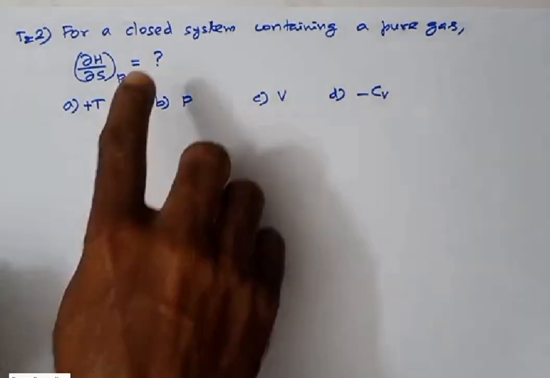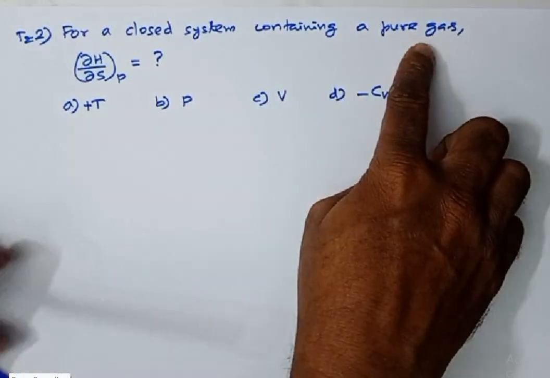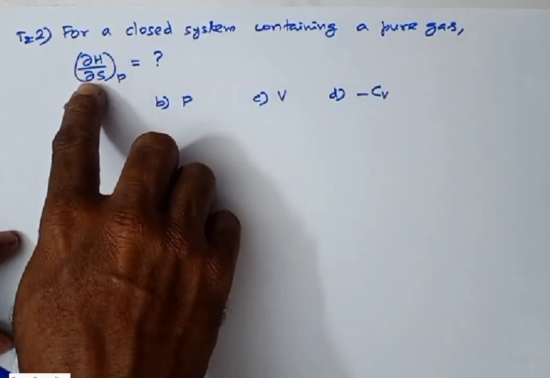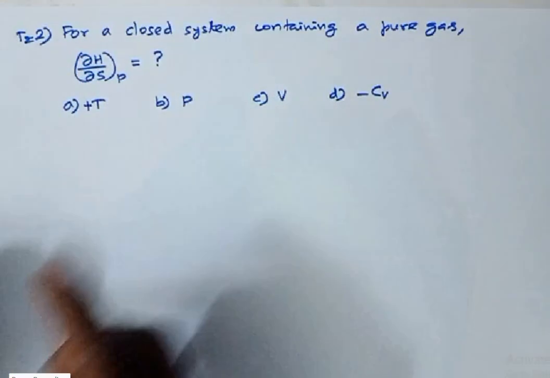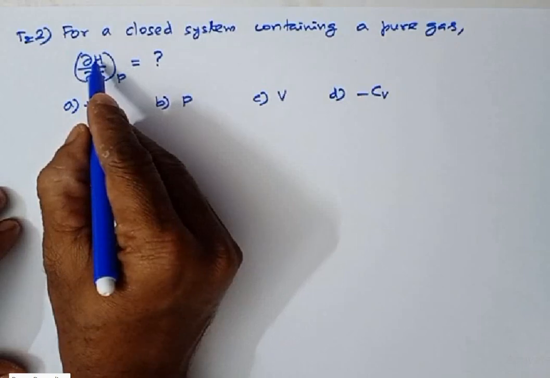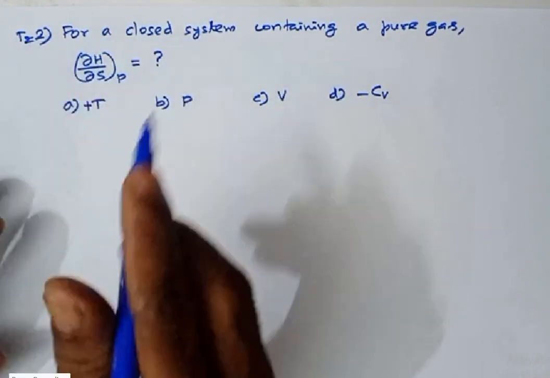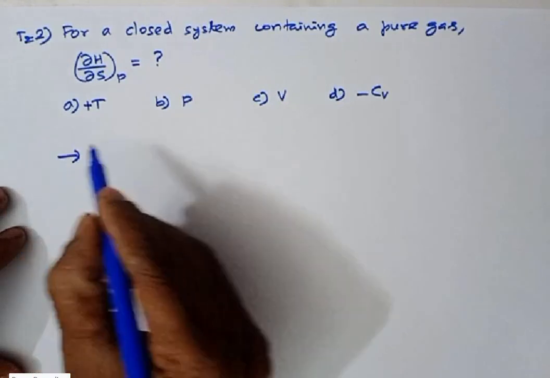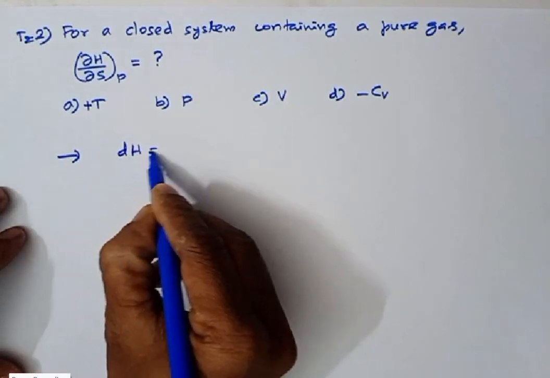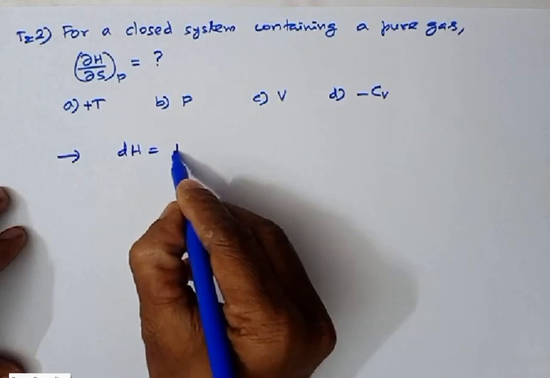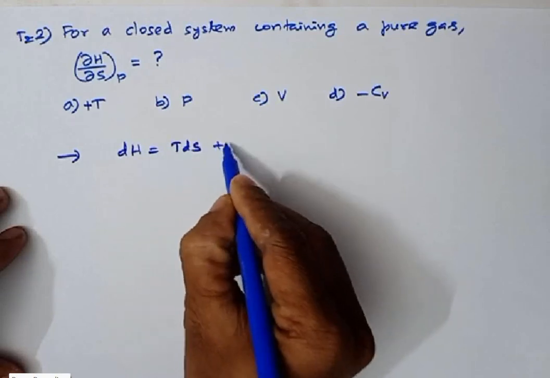Listen, for a closed system containing a pure gas, dou H by dou S at constant pressure equals what? Enthalpy and entropy are available. The standard equation which connects enthalpy and entropy is dH equals TdS plus VdP.